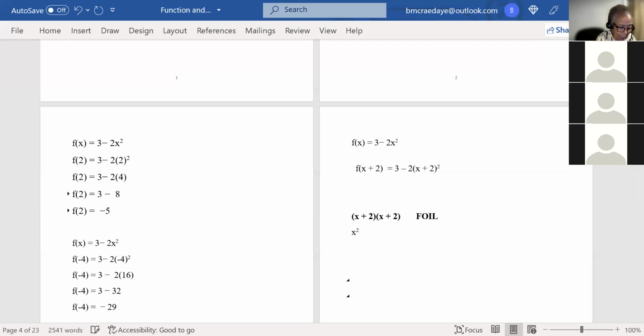So that would be plus 2x, right? Then inner is going to be 2 times x, another 2x, right? Yeah, plus 2x again. That's it. And then the last is 2 times 2, which is 4. That's it. Very good, Latoya.